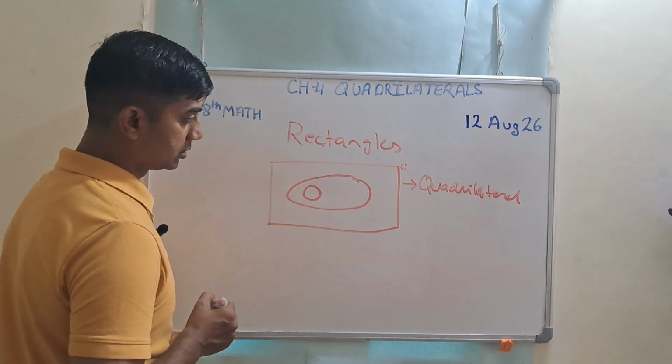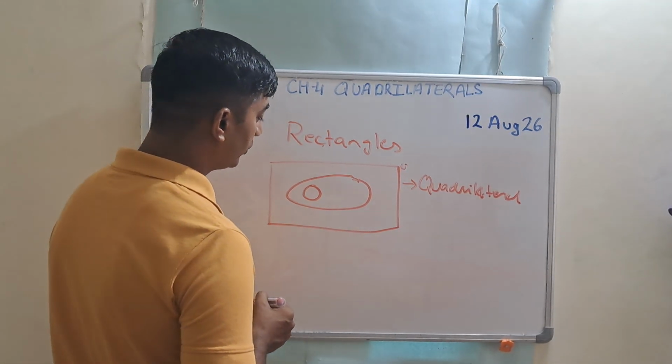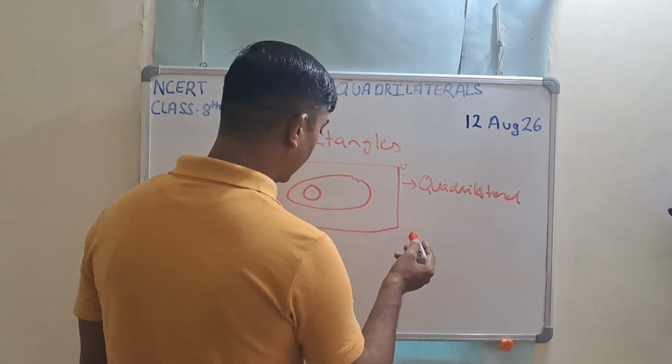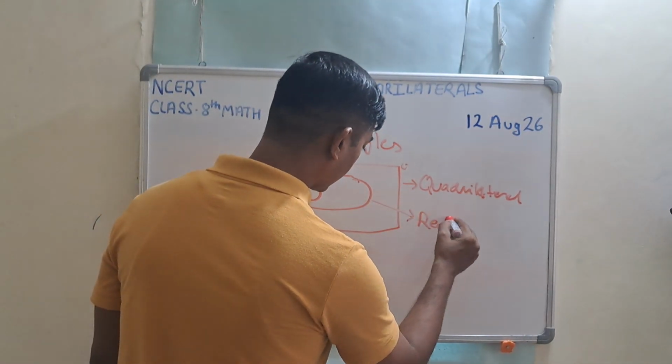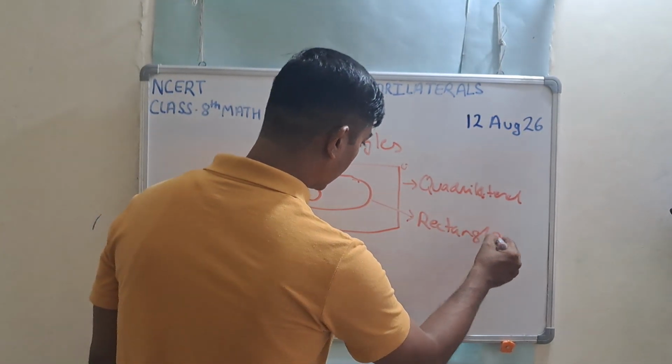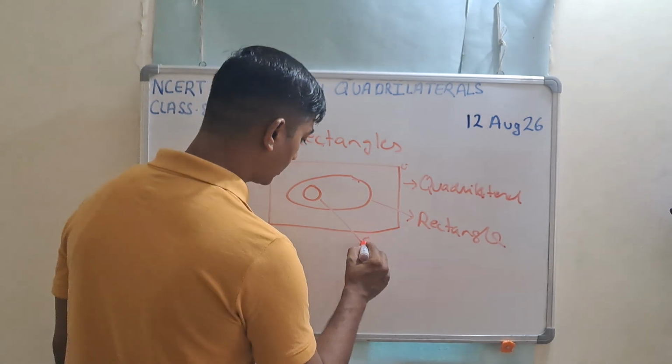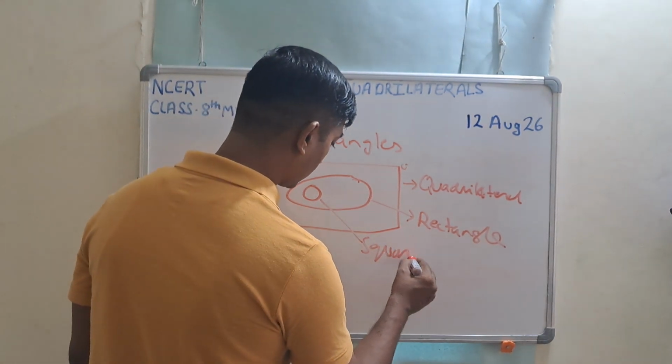Understood? You can name it: this is rectangle and this is square.